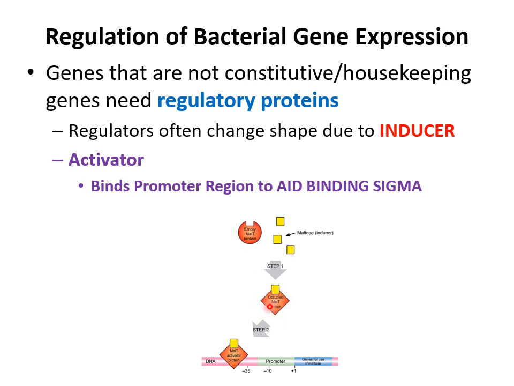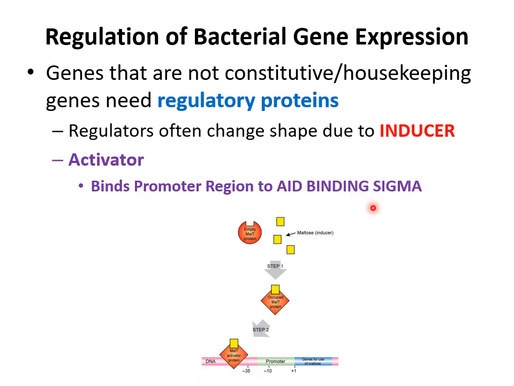We can call that an allosteric change, and that will allow that protein to do its function. So in the case here, an inducer would bind to an activator, which then allows that activator to bind to the promoter region, the regulatory region of a gene, and that will help sigma.